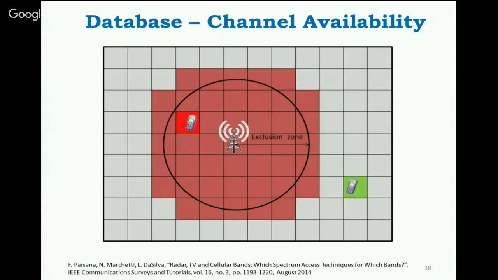Could be the bandwidth in use. It can be the power, for example, and what signal the primary system expects to have for its communication within a certain region. So that will also define what we call a coverage, like an exclusion zone for the primary.